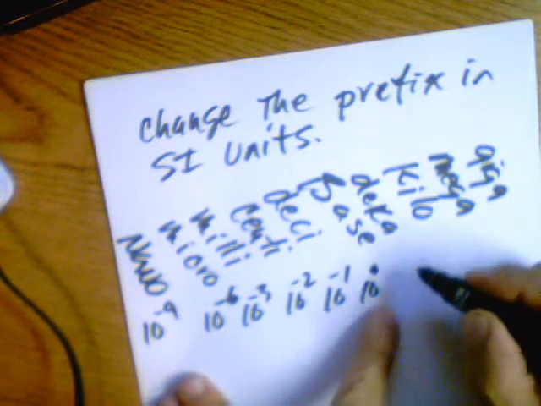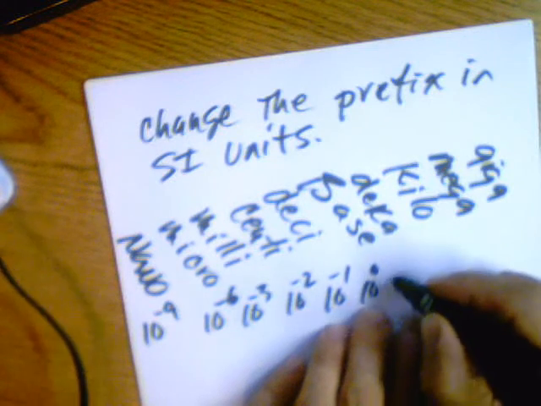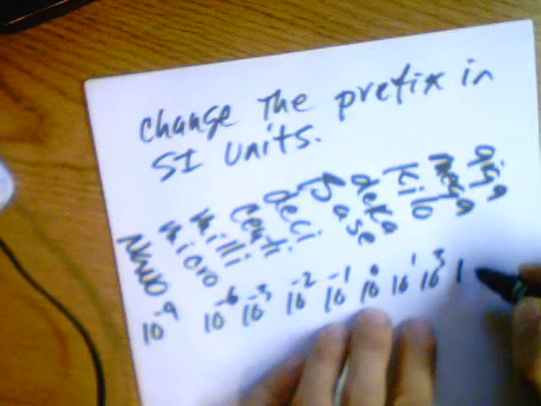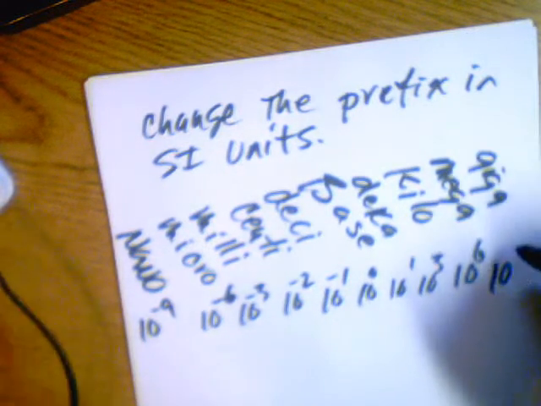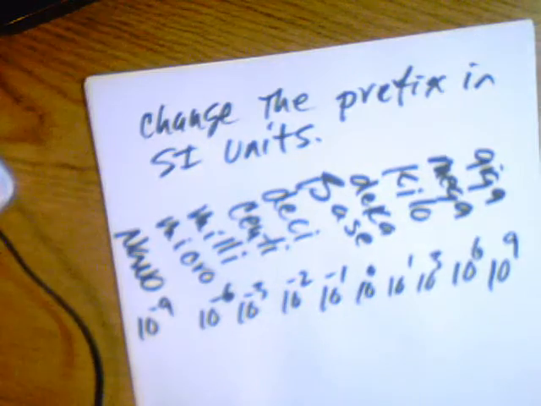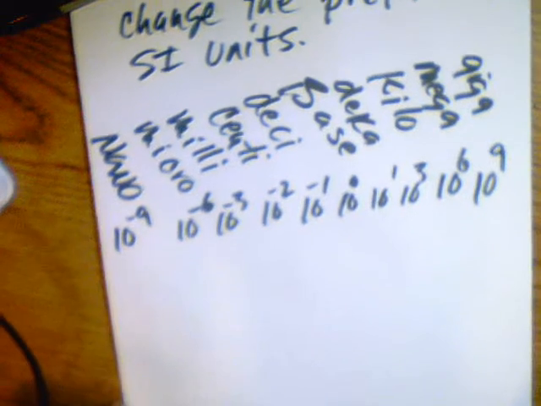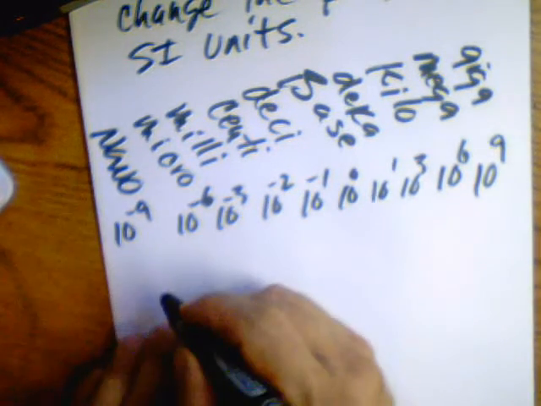Base units are the ones, and then the deca is 10 to the first, kilo is 10 to the third, mega is 10 to the sixth, and giga, the reciprocal of nano, is 10 to the ninth. This information will either have to be put to memory, or it will have to be given to you. Just as before, you'll have to be given the conversion factors.